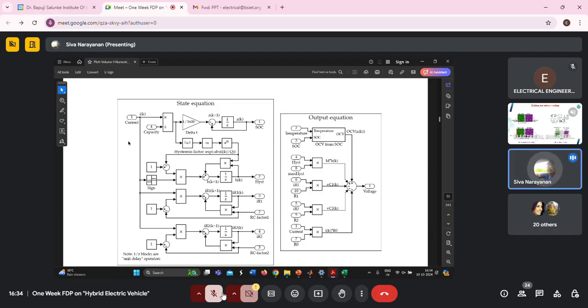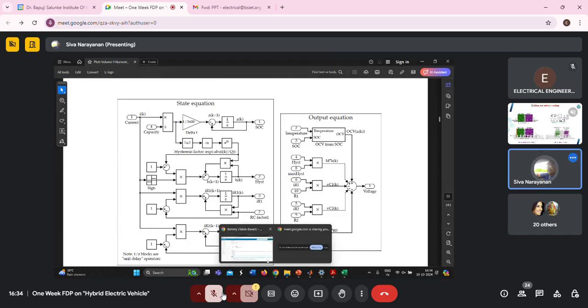If you are able to form the Simulink like this, you can also form the thermal model. Here, as you can see, this is the state equation of the state of charge. Then these are the state equations of the two RC pairs, and this is the Simulink for the output equation which we have discussed. So this is how we have to do it. Okay.